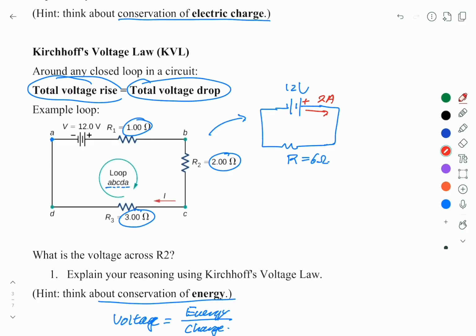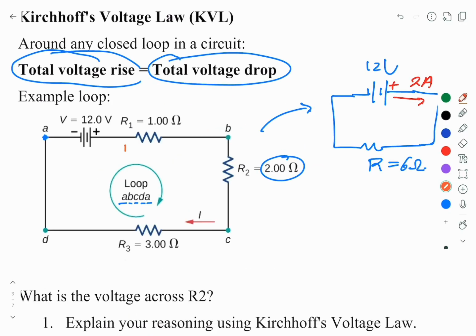It means this is 2 amp, this is 2 amp, and this is also 2 amp. The potential difference here is V equals IR. I is 2 amp, so this is 2 volt. Here 2 times 2, 4 volt. Here 2 times 3, 6 volt.